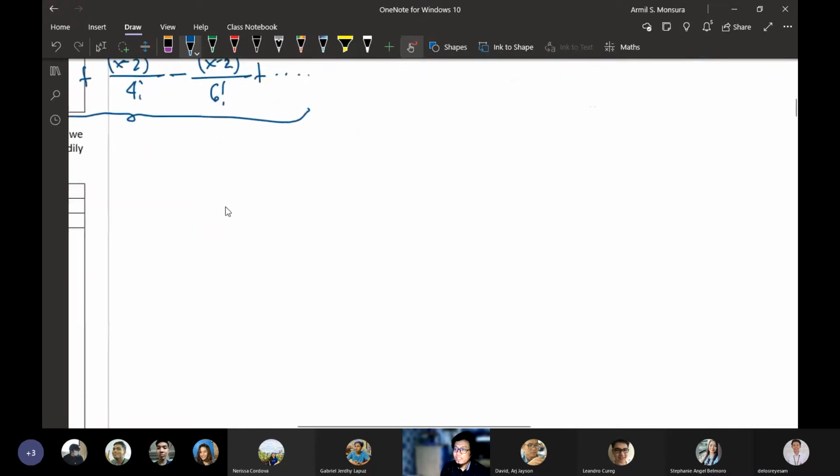So the equation is y prime minus y equals 0. Paano ba natin sisimulan i-solve to? I-write muna natin siya as dy over dx minus y equals 0. How do I solve this one?